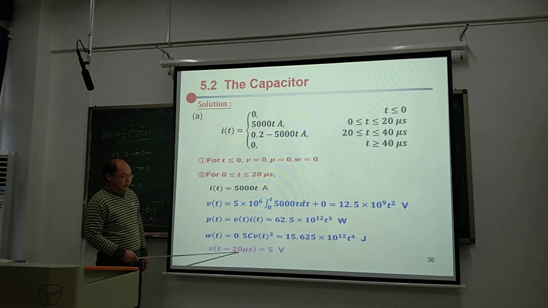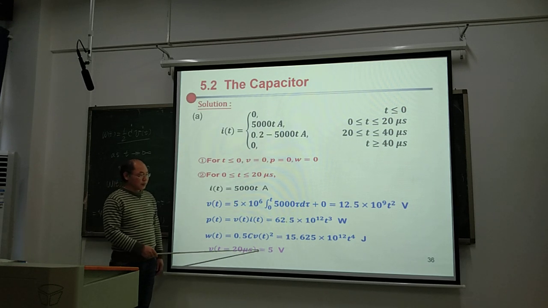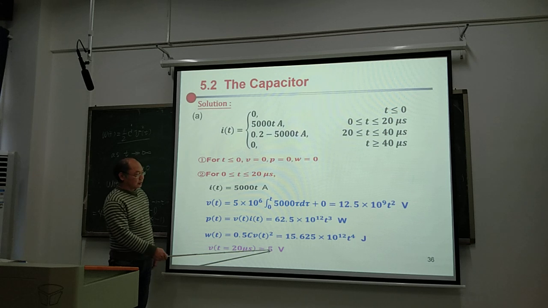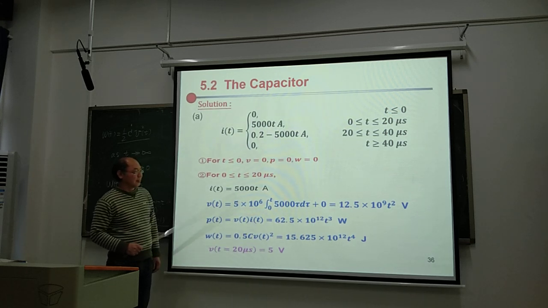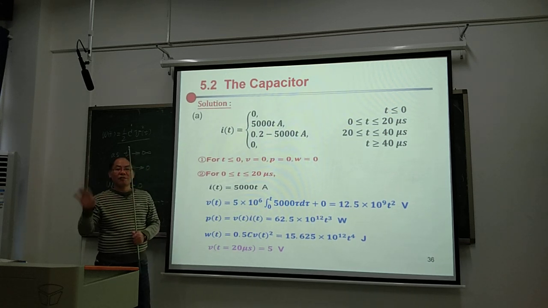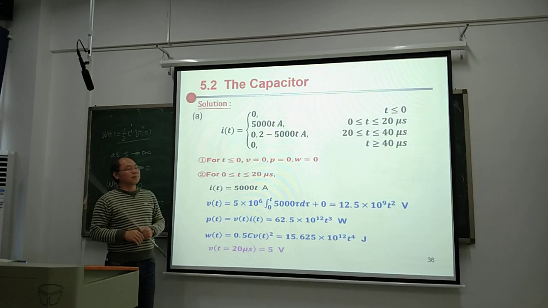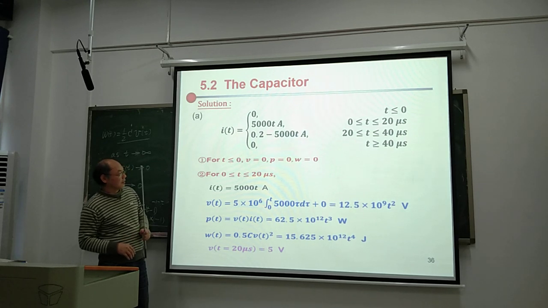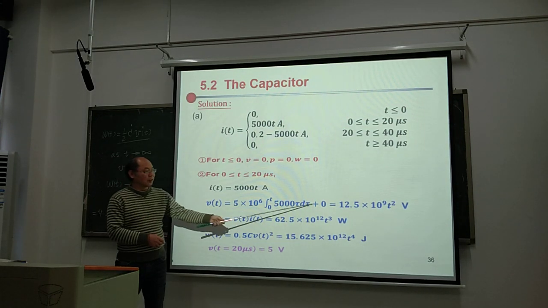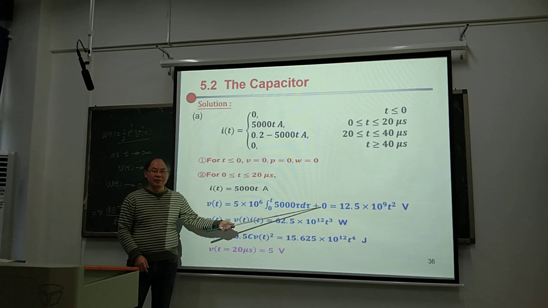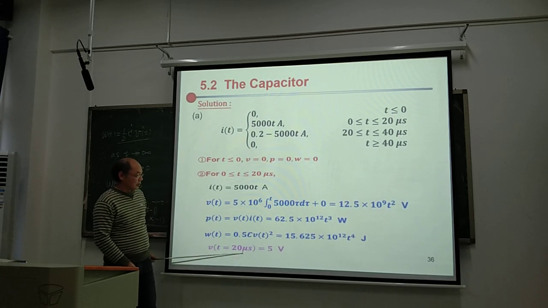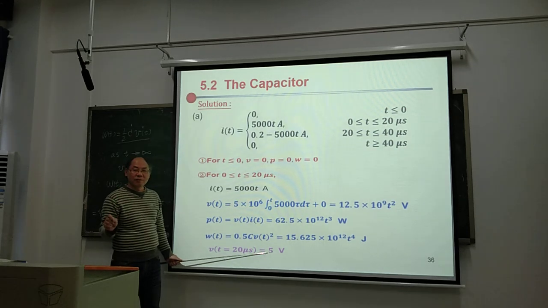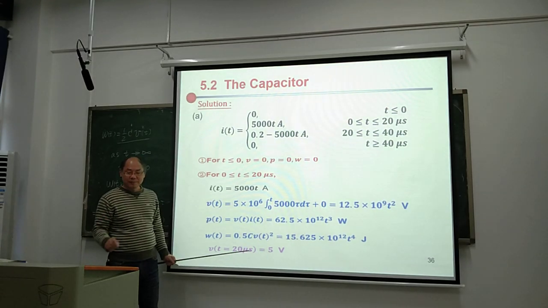So this we must calculate at the end of the part. When t equals 20 μs, we get v equals 1, because this is the initial value for the next part. Right? Because this v0 is the next part's v t0, right?